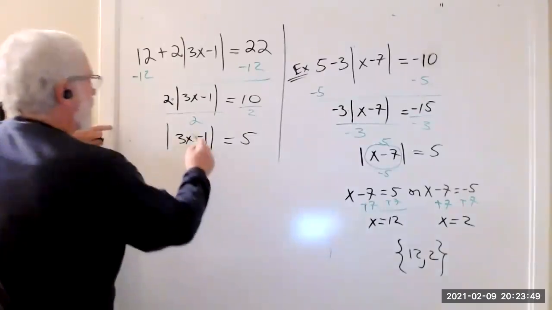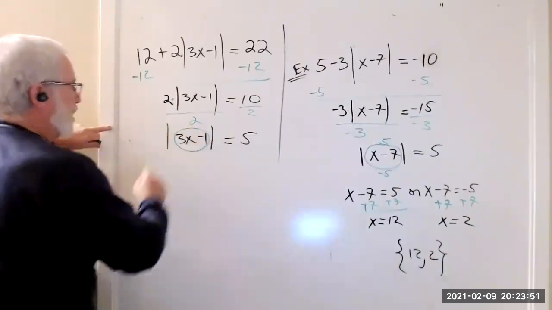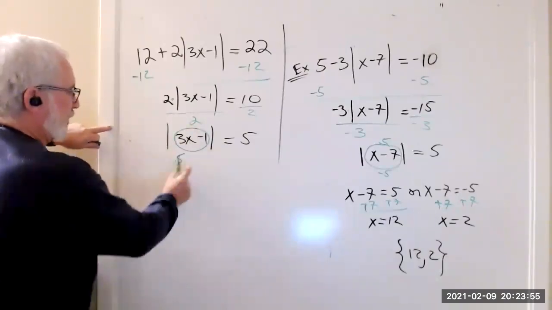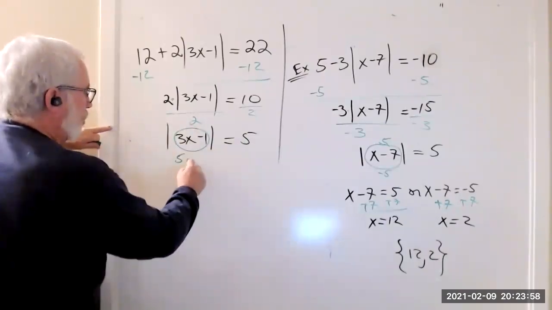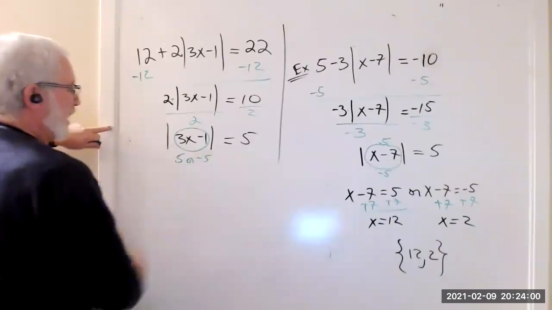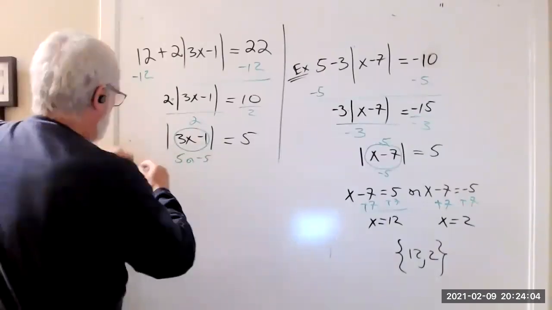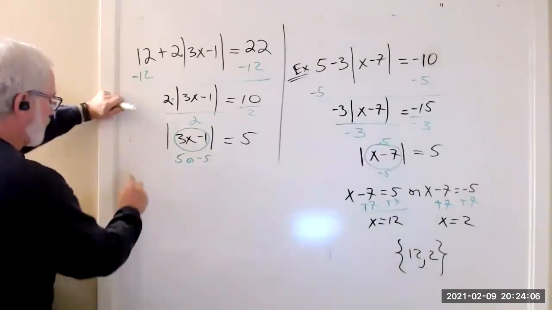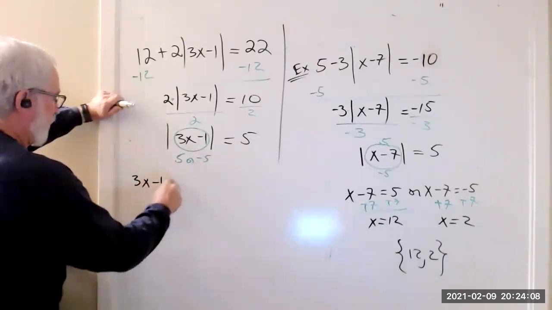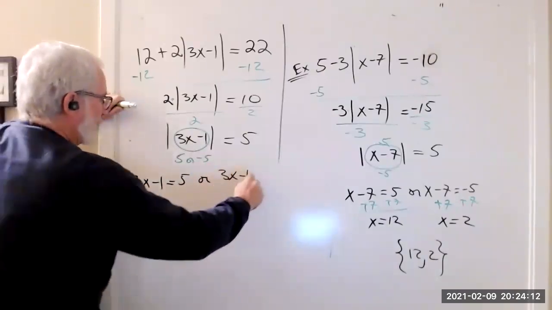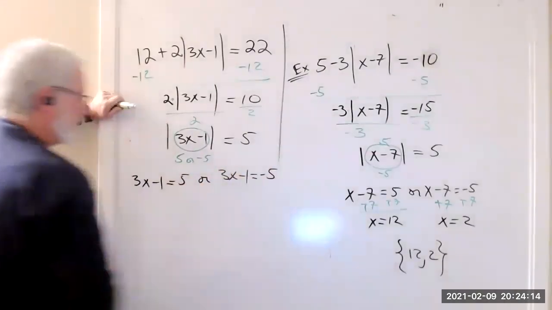So again, we play the game. This quantity could have been worth 5 because the absolute value of 5 is 5, or it could have been worth negative 5. So we split it. 3x minus 1 equals 5, or 3x minus 1 equals negative 5.